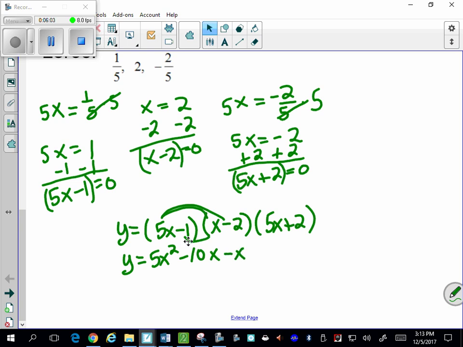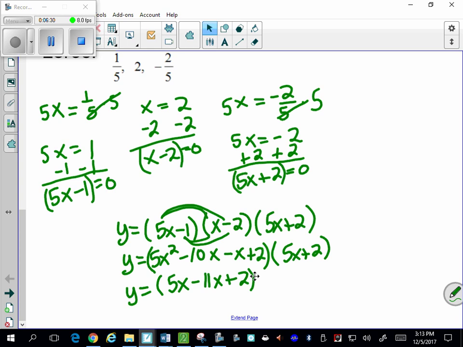Negative 1 times negative 2 is positive 2. And we're going to have to multiply that by the last factor. First, I'm going to put these two middle terms together. Those are like terms. It makes it a lot easier if you simplify before multiplying out. So negative 10x minus 1x is negative 11x plus 2. Times 5x plus 2.